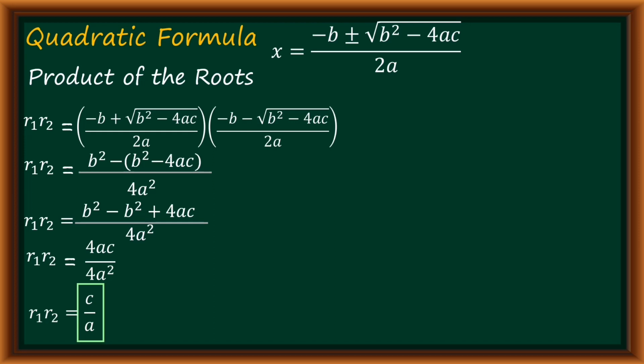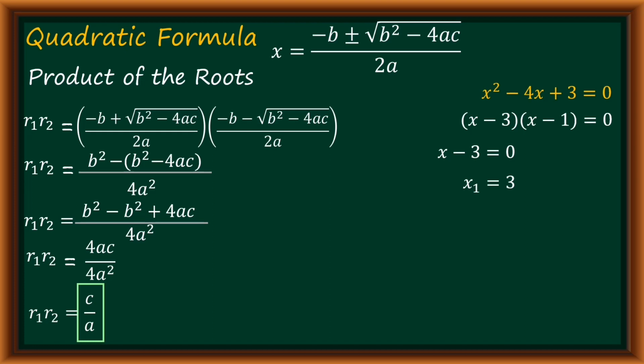To illustrate its importance, let us use again the quadratic equation x squared minus 4x plus 3 is equal to 0. Again, by factoring, we have quantity x minus 3 times the quantity x minus 1 is equal to 0. From here, our first root is equal to 3, and then the other one is equal to 1.